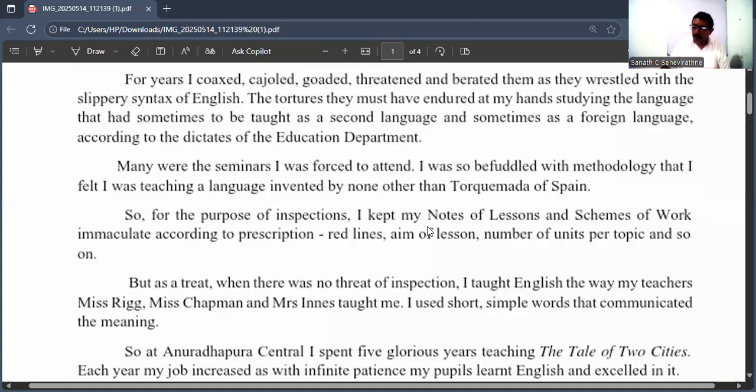It is then she tells that many were the seminars she was forced to attend. Full stop.